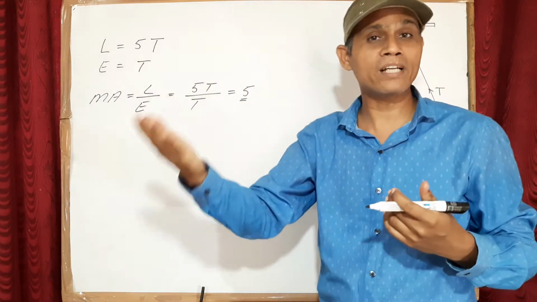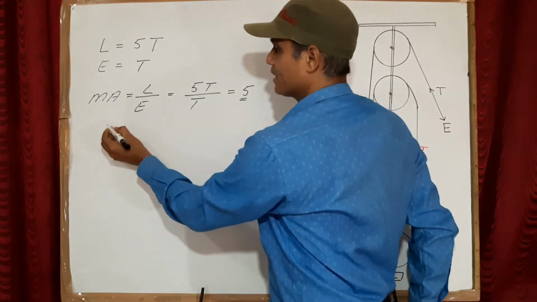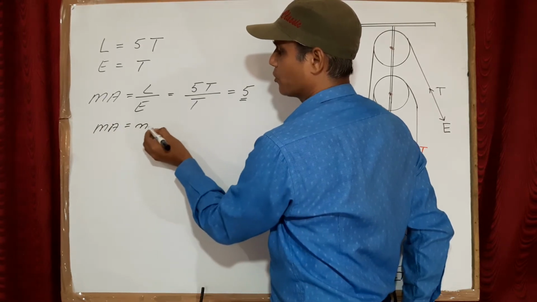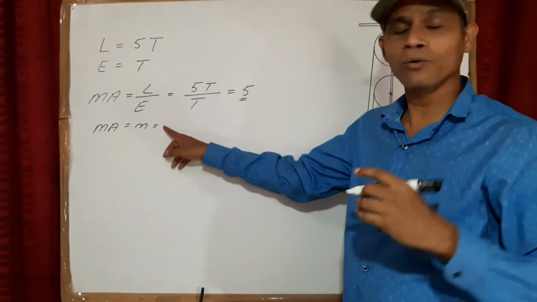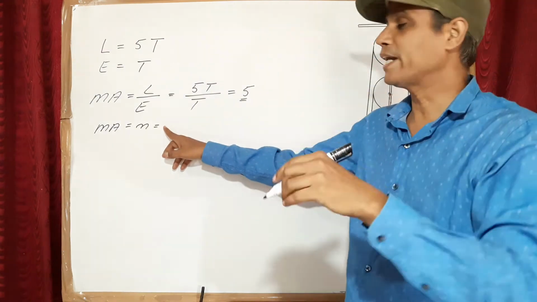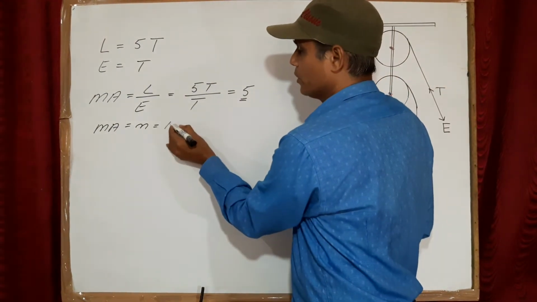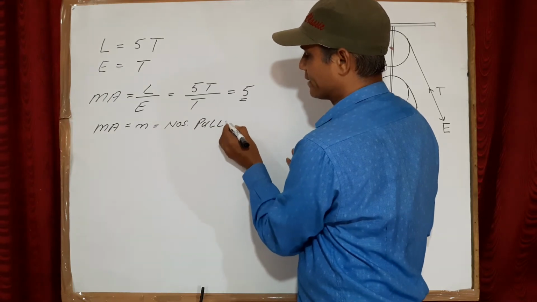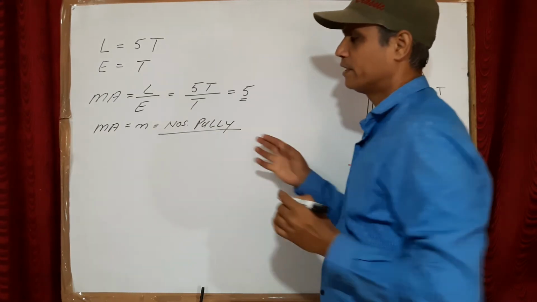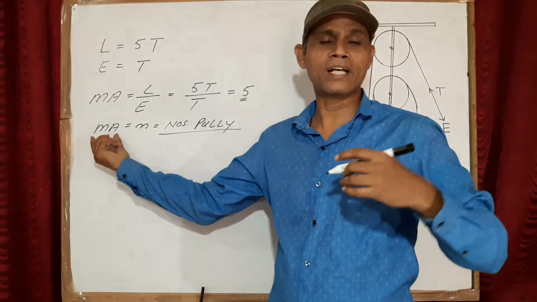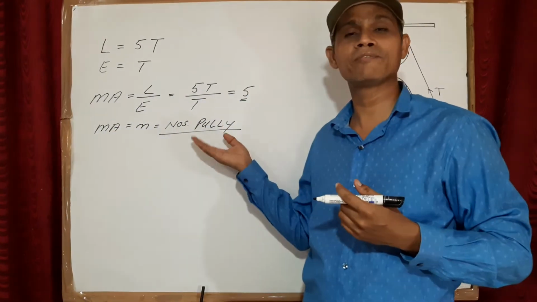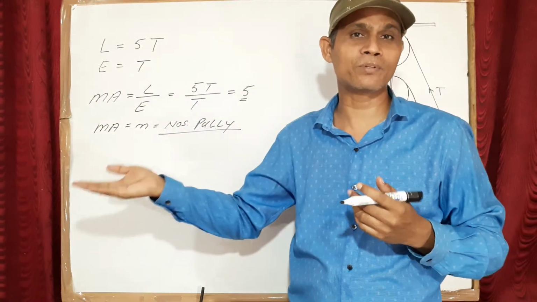If you have n pulleys, the mechanical advantage will be equal to n. In the case of the block and tackle system, mechanical advantage is equal to the number of pulleys. If the number of pulleys is 5, the mechanical advantage will be 5; if 4, then 4, and so on.